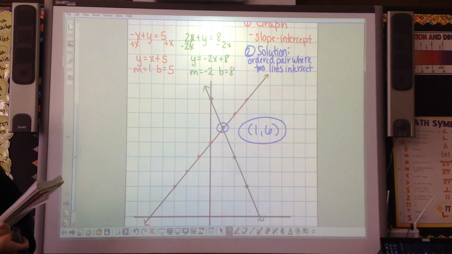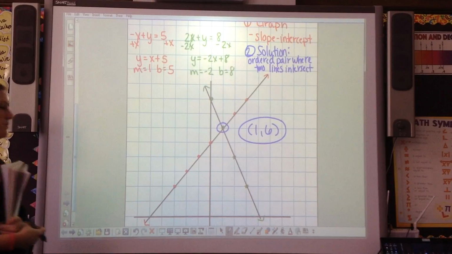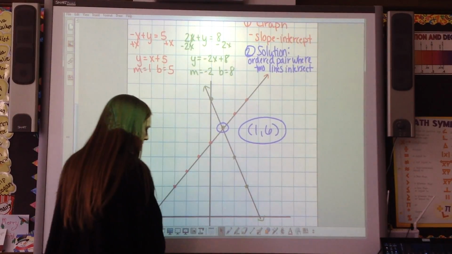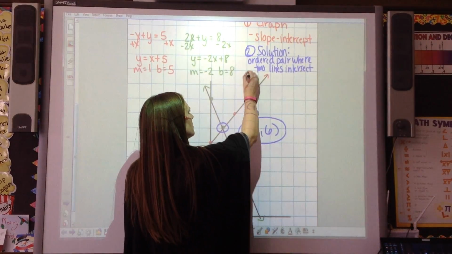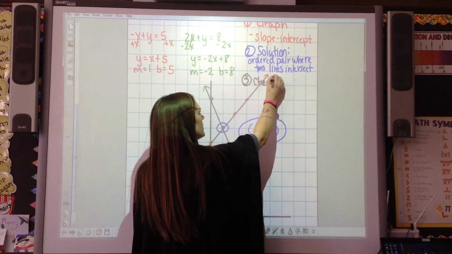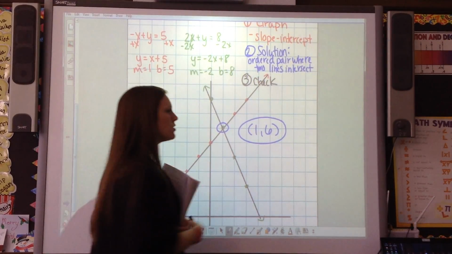But you're going to want to check to see if that's the right answer. So this is going to be step 3. Check solution in both equations.